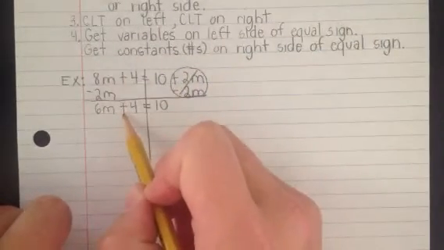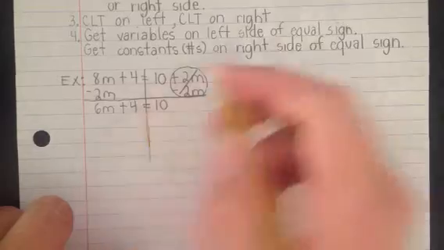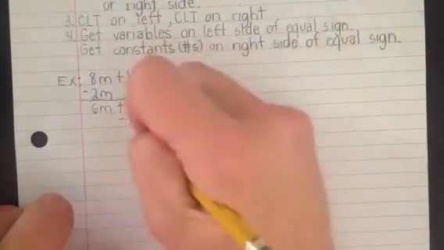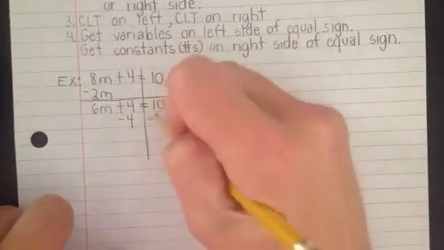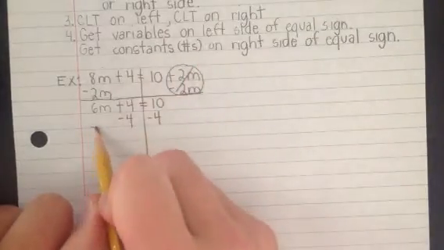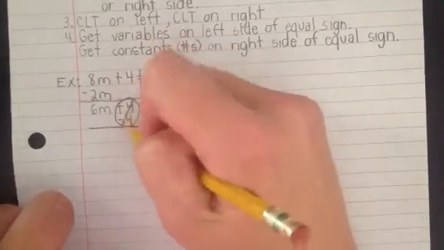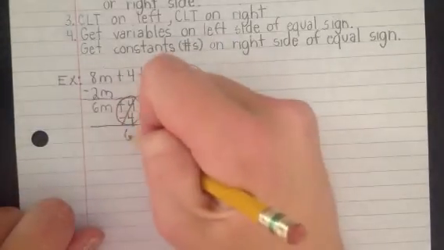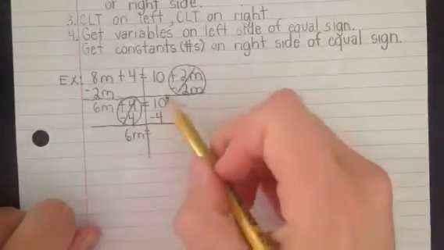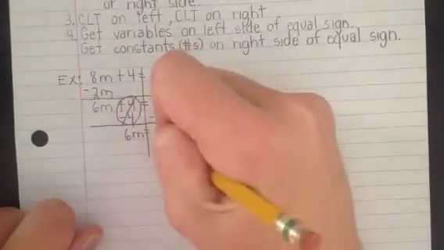So in order to move over this positive 4, to cancel it out on this side, I need to do the inverse, which is subtract 4. So I've got a positive 4 and a negative 4, which cancel, brings me to 6m equals 10 minus 4 is 6.